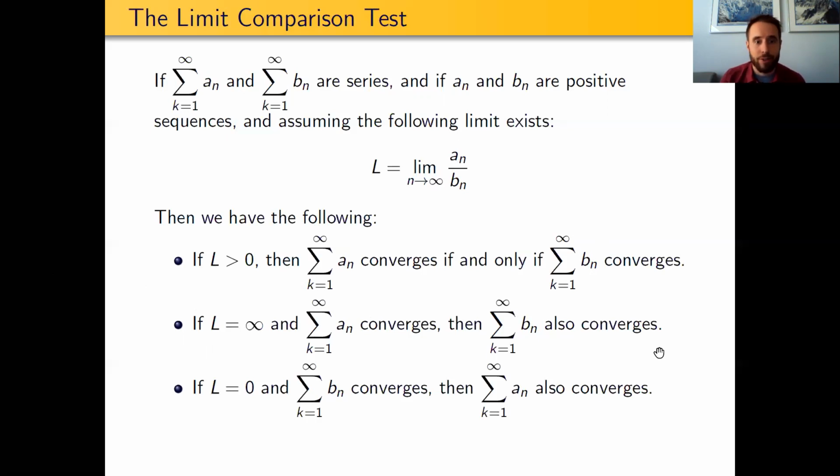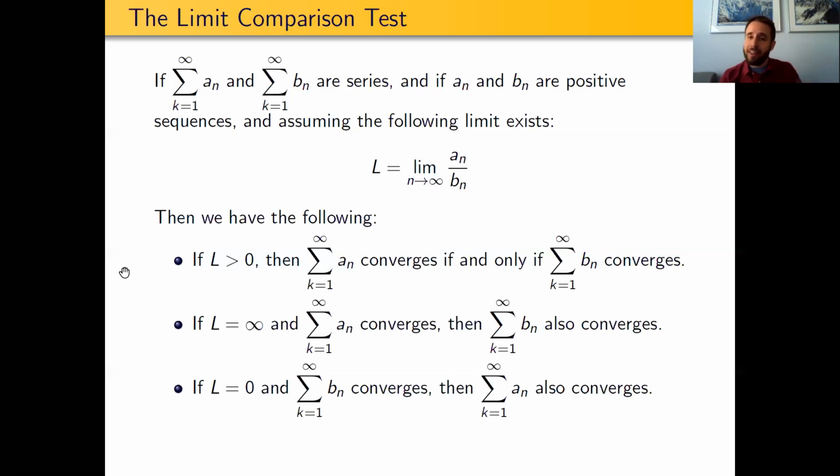Finally, if L equals 0, if that limit actually equals 0, that means that the a sub n's are getting smaller considerably faster than the b sub n's, right? That's what would make this limit tend towards 0. And so therefore, if b sub n converges, then a sub n, whose terms are considerably smaller, will also converge.